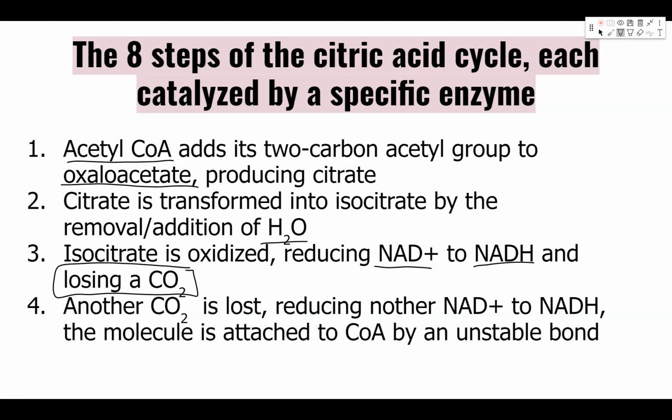So that's one of the carbons that we've lost so far. We're then going to lose another carbon. And when we do this, we're going to further reduce another NAD+ to NADH.